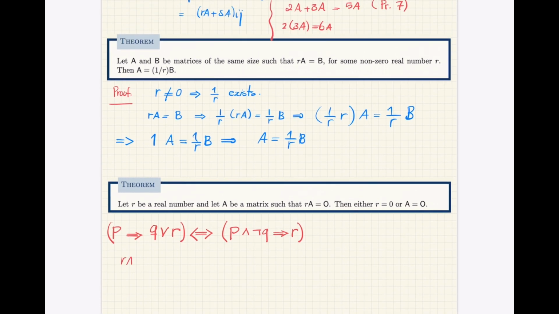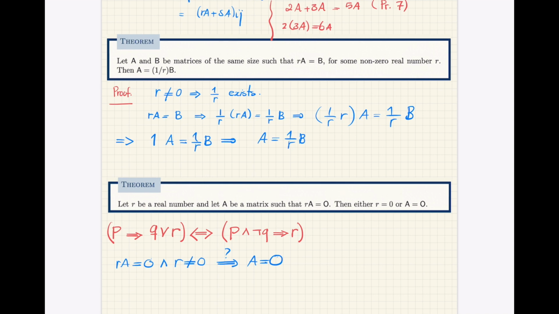We have RA is equal to 0 and we have R not equal to 0. I want to prove that the capital A is equal to 0. What I want you to understand is this: proving the truth of this implication makes the problem done, even though this is written slightly differently.